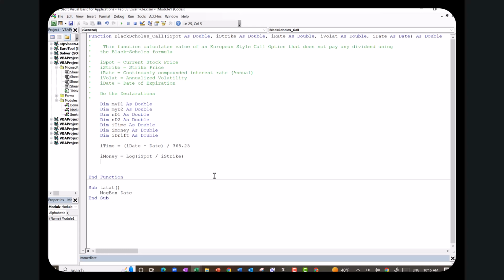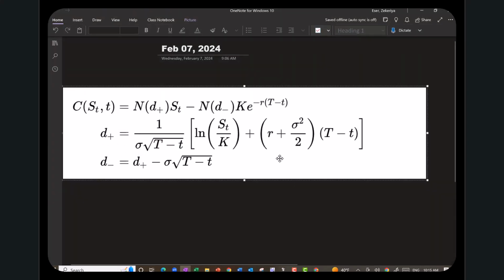And the iDrift is going to be the following. R plus 1/2 sigma squared times time.